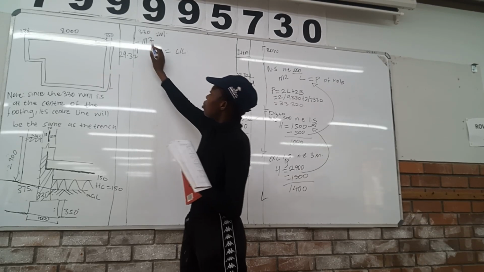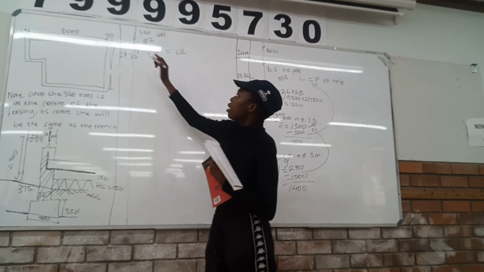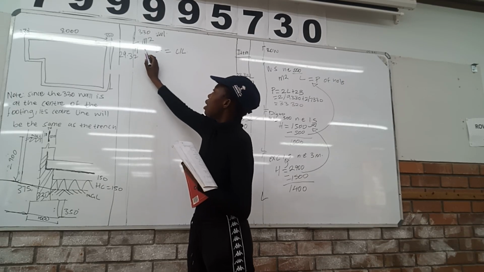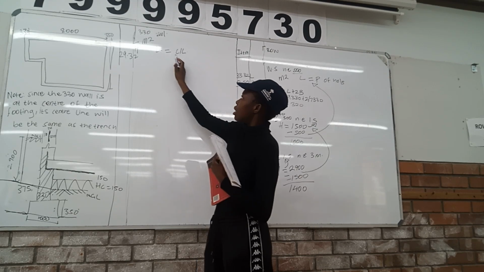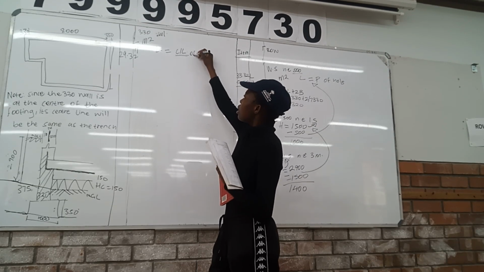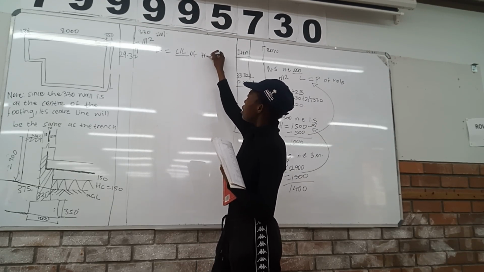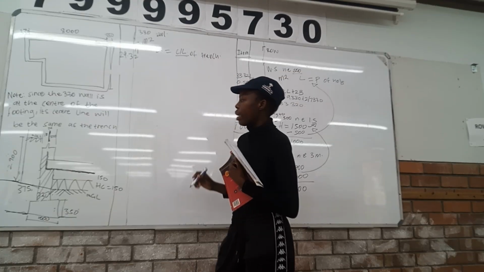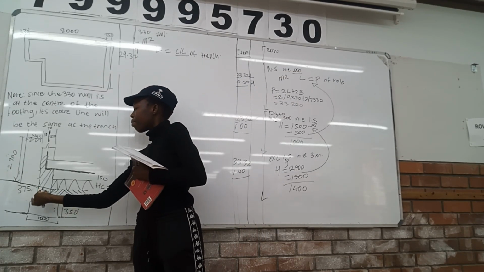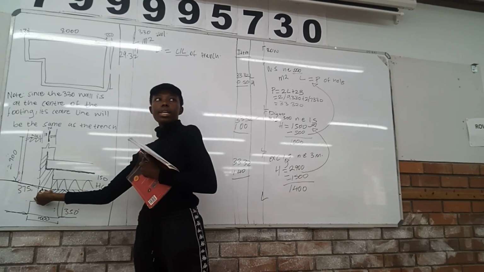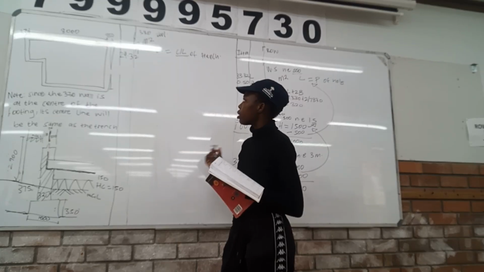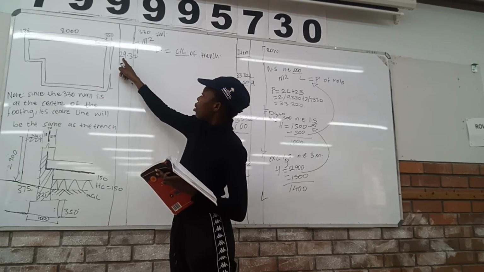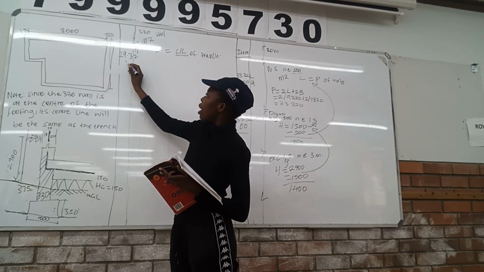But again, 330 wall is square meter, and then it has a length, it has a height. The length of the 330 wall is the center line of the trench. Why is it the center line of the trench? Because the foundation wall is in the middle of our footing, so it shares the same center line. So we have the 29.32, which is the center line.